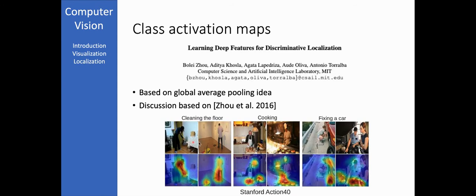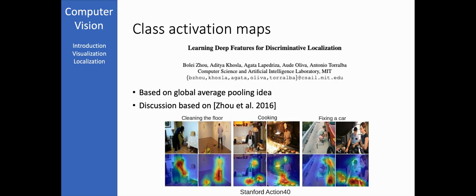For a given image, if the image changes, obviously where the network looks changes as well. This happens for all classes: cleaning the floor, cooking. As you can see, the network starts looking at the food on the table, as well as changing tires, for example, fixing a car. Okay, so these are the types of maps we want to look at.